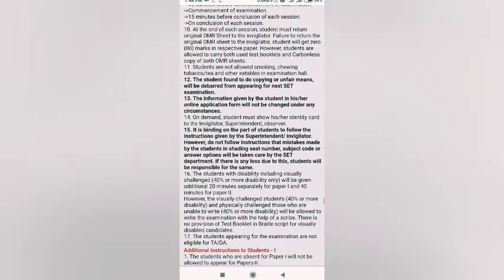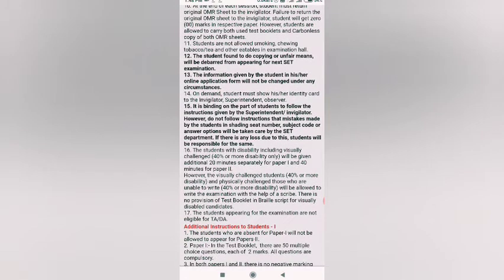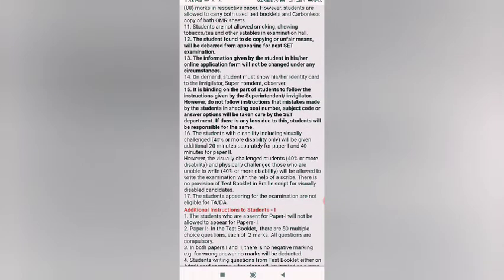Students are not allowed to smoke, chew tobacco, or have tea and other eatables in the examination hall. You should not do any type of copying. Information given in the online application form will not be changed under any circumstances. You should carry photo identity proof.